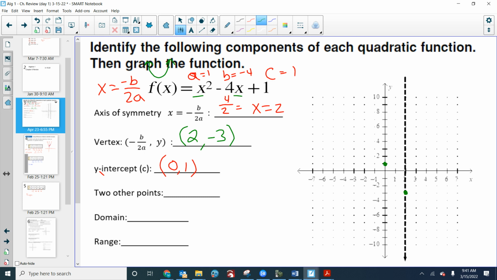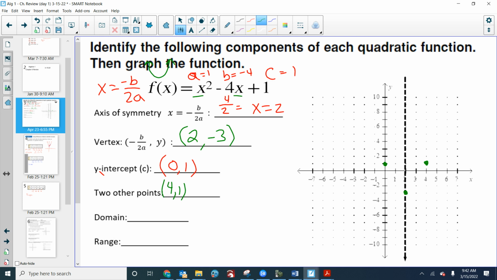Now, don't I have another point already from this? Can I reflect it across this way? Use your axis of symmetry to reflect the y-intercept across the other side. So here's one of my other points.